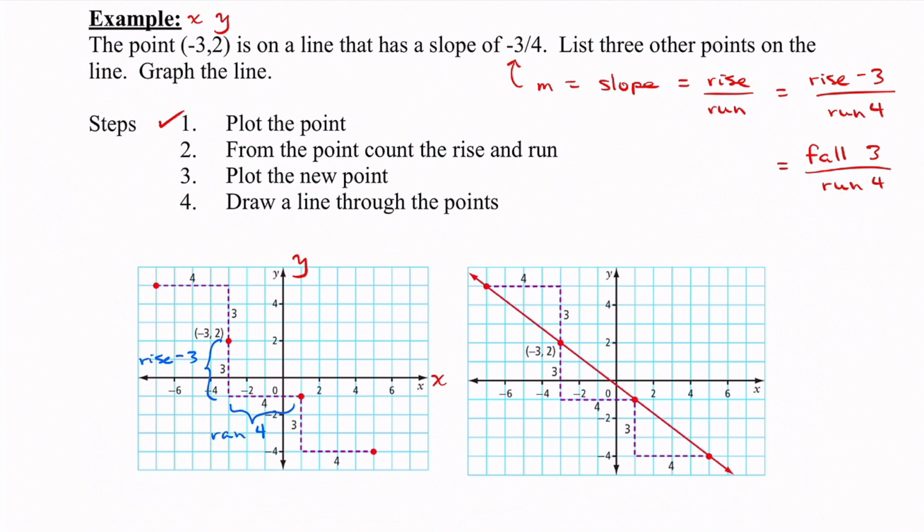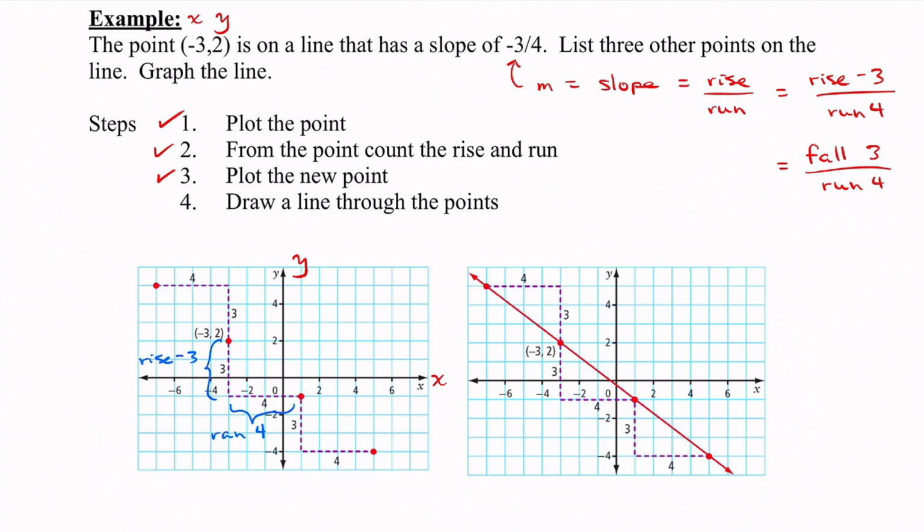And then this would just continue. You'd fall another 3, and then move over another 4, and you can see we get all of these points on our graph. So steps 2 and 3 would be done. And then our last step is to draw a line through the points. So we take our ruler, make sure you're always using a ruler, and then draw your line through your points.